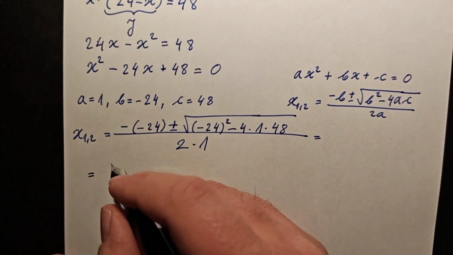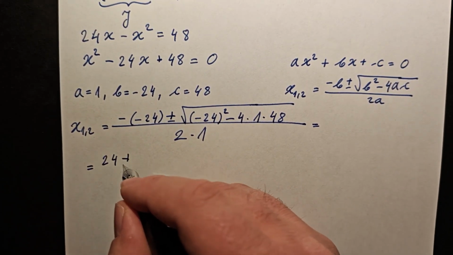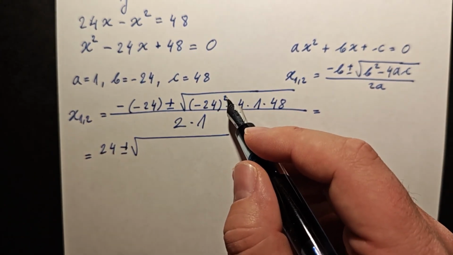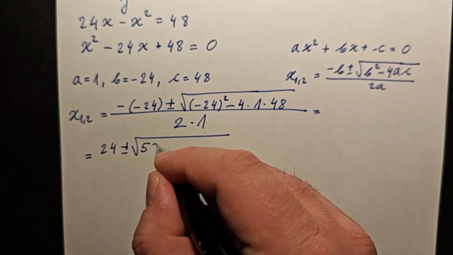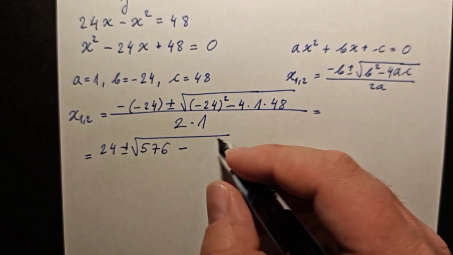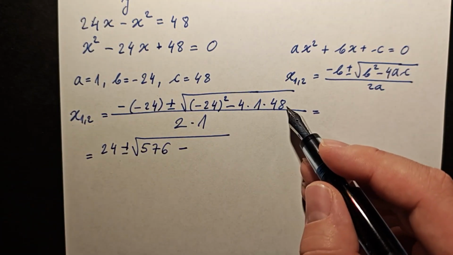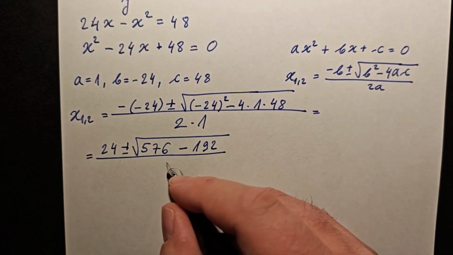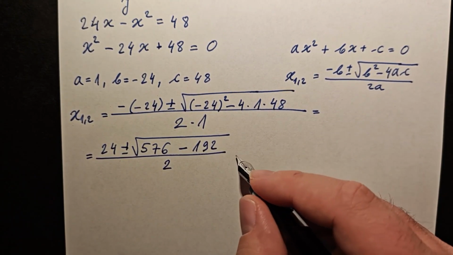And this is equal to 24 plus or minus the square root of 24 squared is 576 minus 4 multiplied by 48 is 192, and everything is divided by 2.